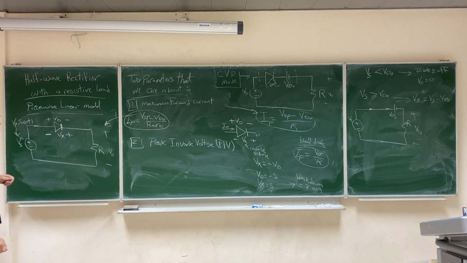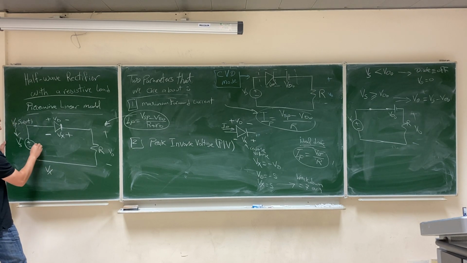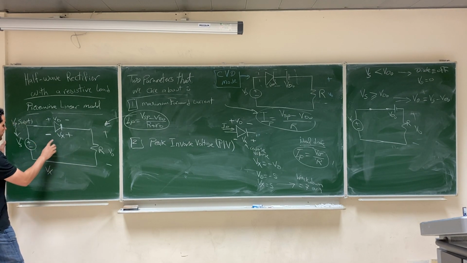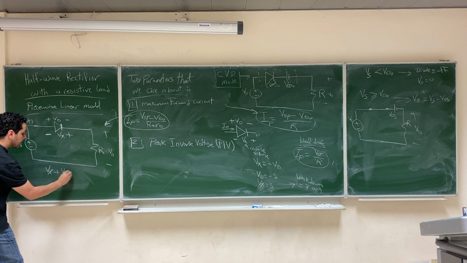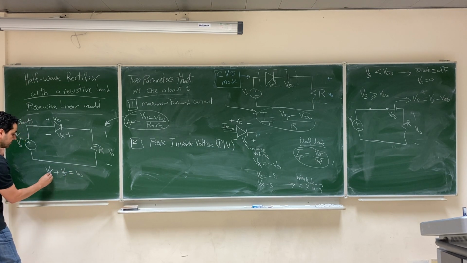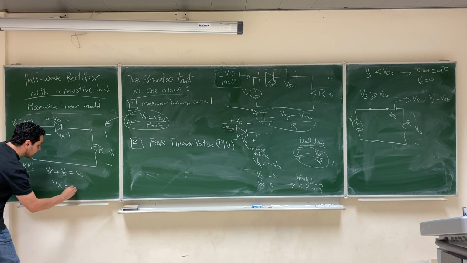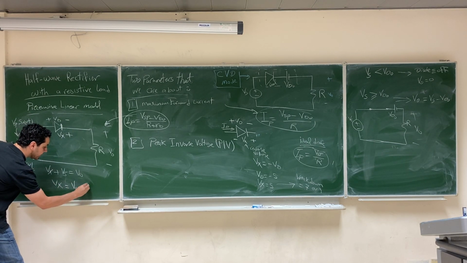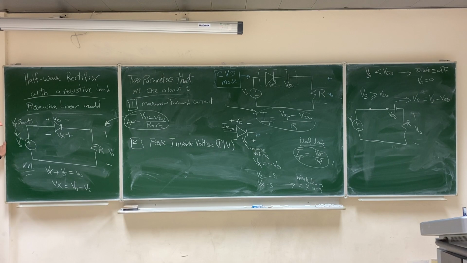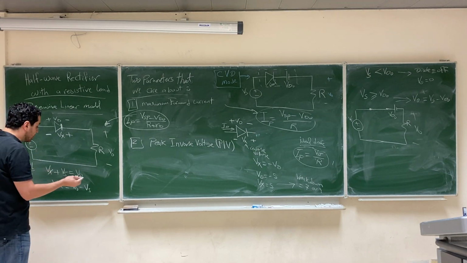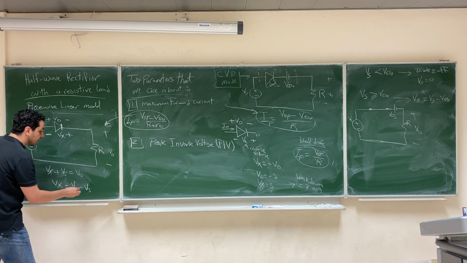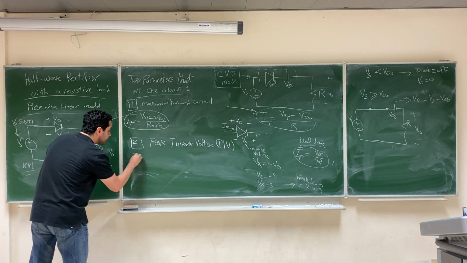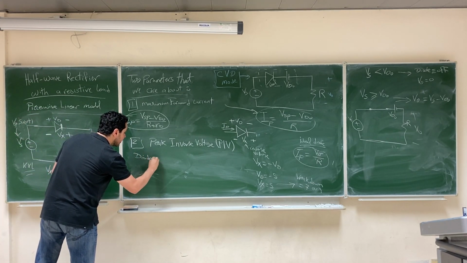Let's write an equation for the reverse voltage. According to Kirchhoff's voltage law, Vx plus Vs equals V out, and then from KVL, Vx equals V out minus Vs. Now we are talking about a reverse and inverse voltage, so you have to assume that the diode is off.